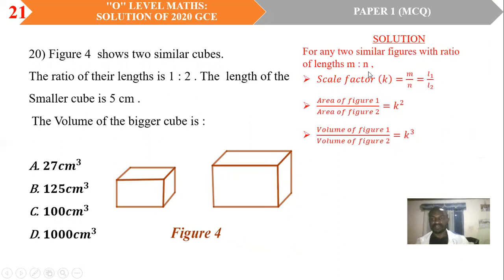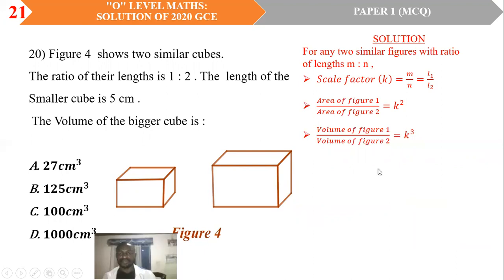For any 2 similar figures with ratio of lengths m:n, the scale factor k is always equal to m/n. In terms of length, it is the length of the first figure over the length of the second figure. We are looking at some very important concepts under similar figures.